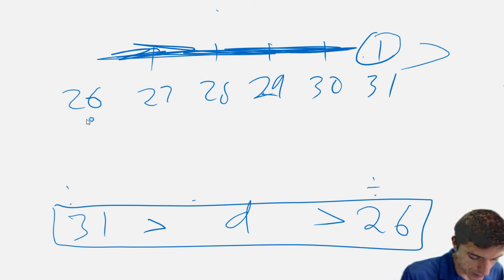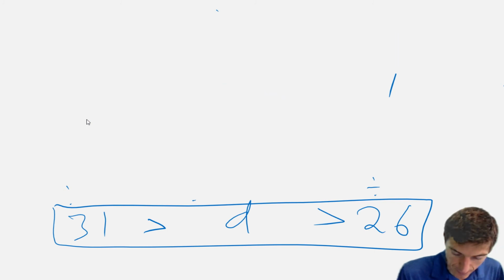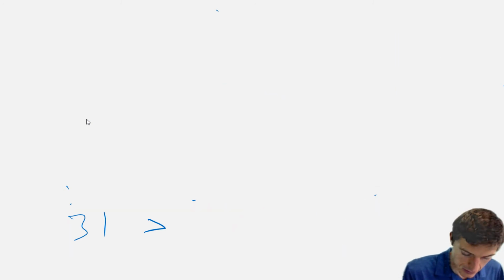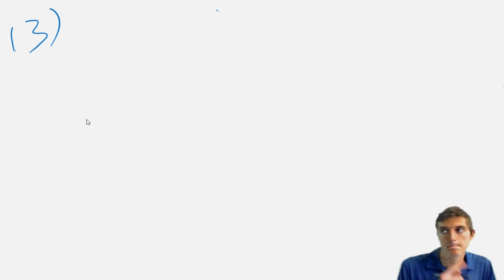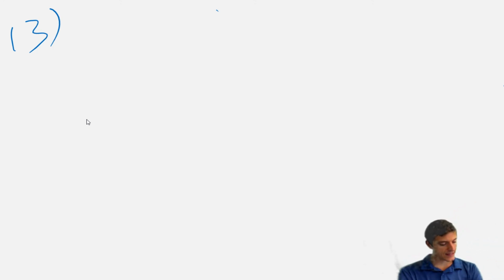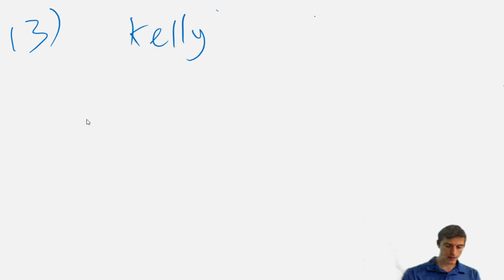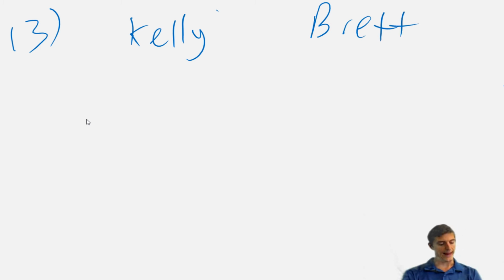Okay. So last problem, this is number 13. Brett and Kelly are saving for a trip to ski in Utah. So I have Kelly and I have Brett. When does Brett have as much or more than Kelly?